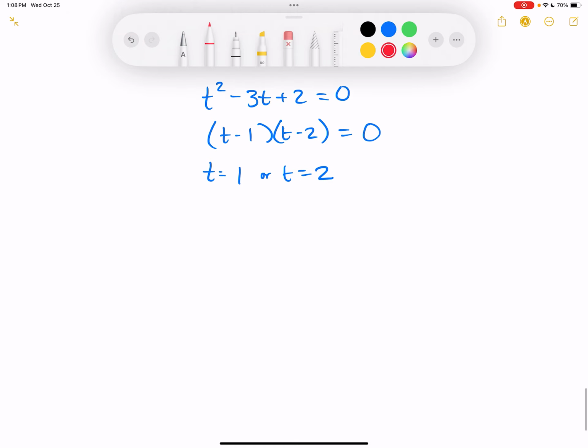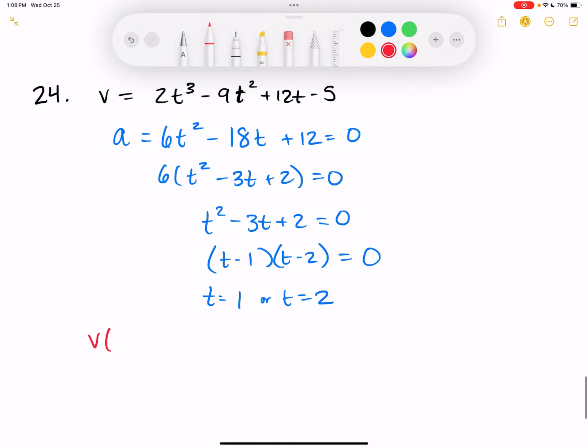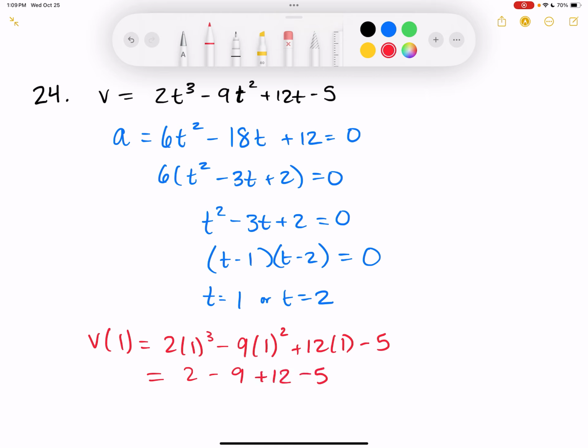So, v of 1 is equal to 2 times 1 cubed minus 9 times 1 squared plus 12 times 1 minus 5. So 2 minus 9 plus 12 minus 5 is 0. 0 meters per second.